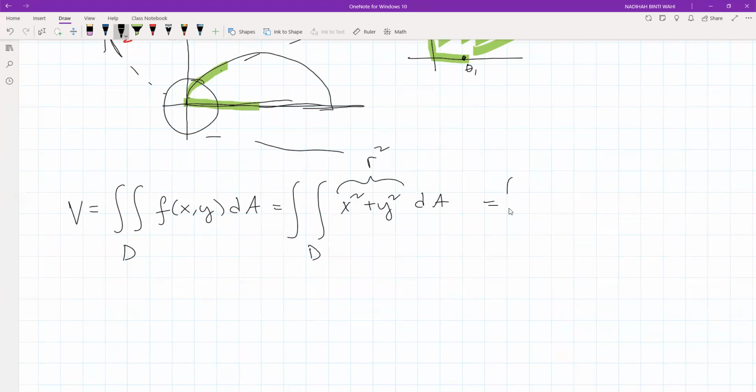So in that case, integral for r squared times dA is r dr d theta. R from h1 is 0, h2 is 2 cosine theta, and then theta goes from minus pi half to positive pi half.